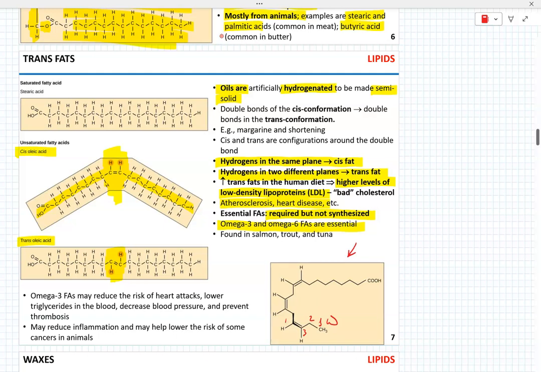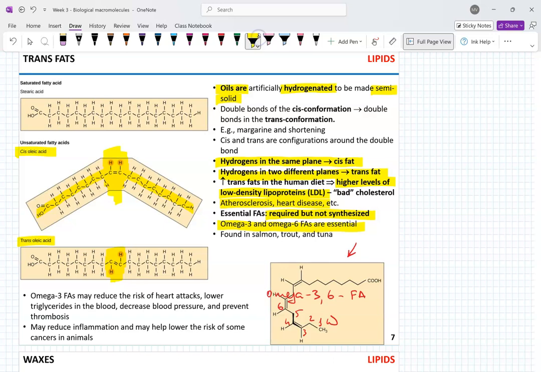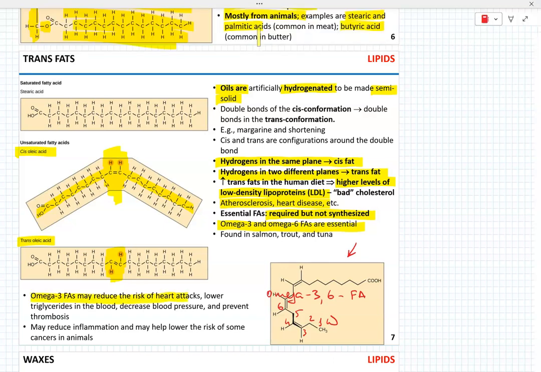We keep counting, and the next double bond is at 6. So it's going to be 3, 6, so omega 3, 6 fatty acid. It's been demonstrated that these fatty acids may reduce the risk of heart disease.